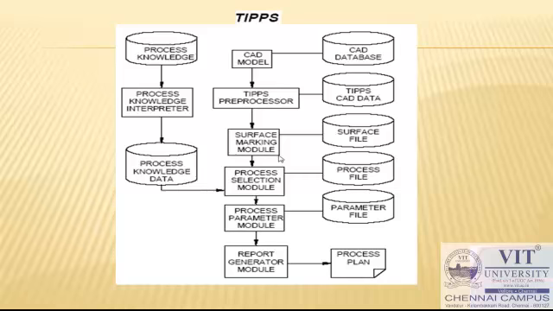The process parameters module refers to the parameters. What are the parameters required for a particular component? Either it is a rectangular block, or a cylindrical part, or a regular or irregular shape, it refers to all the standards files. According to the standards that are available, by using that parameters definition, it generates its own report. So finally, it generates a report as a plan. So finally, the process plans will be generated.